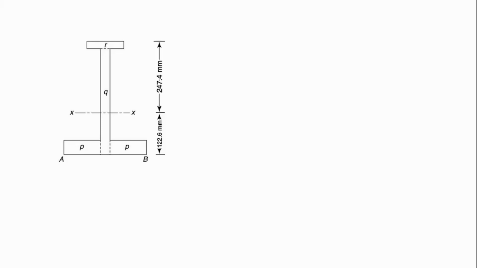So to do that, we're going to cut the web through to touch the AB axis. And so we now have shapes P, Q, and R. P, which is the tension flange, has been divided into 2 equal parts by the web. We want the web to touch the AB axis.